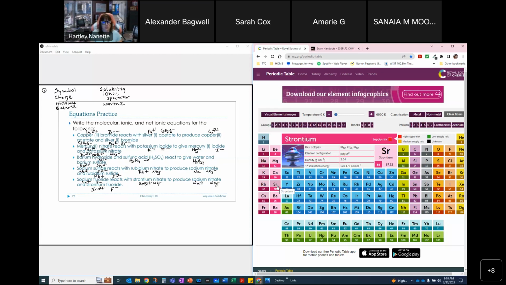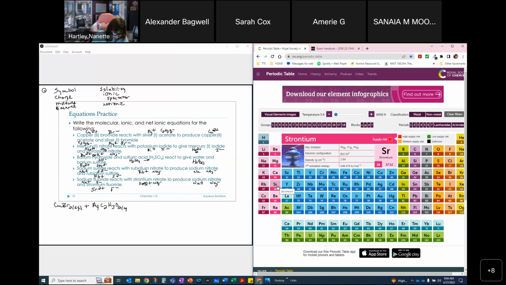So now that I have charges for those things, I should be able to write the molecular formulas. Okay, so copper 2 bromide, I have a Cu2+ and a Br-. That's going to give me a CuBr2. It's an aqueous component because that's what I'm dealing with. I'm going to react that with that Ag C2H3O2. There's +1 and -1 on that.